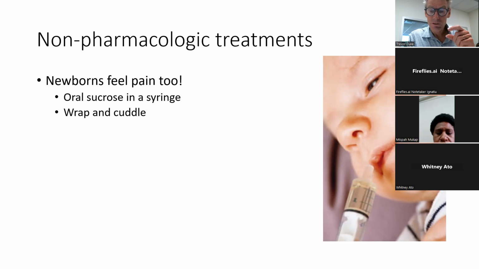If you can get some sucrose, 50% glucose, mix it up, put it in a syringe and give them a couple of drops on their tongue, and that's often very good analgesia for simple procedures like putting in an IV cannula or anything that you might do to a newborn baby.